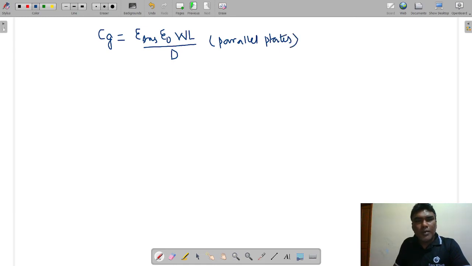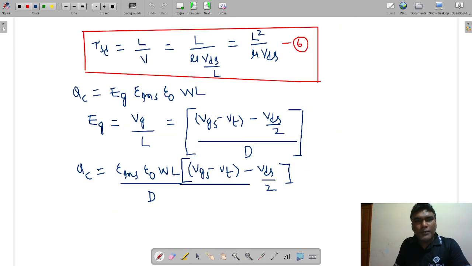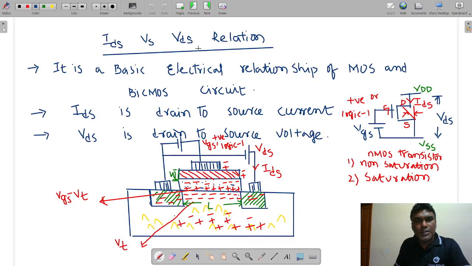Polysilicon is positive and charge carriers is negative. So positive plate, negative plate, in between this SiO2 layer is there. This is the distance of this SiO2 layer.